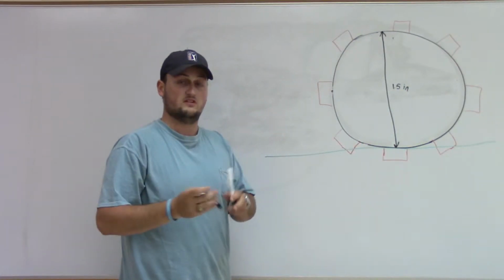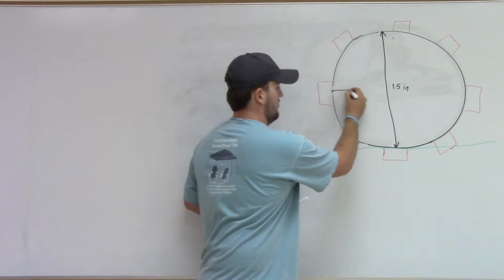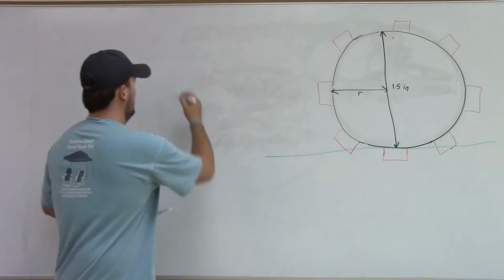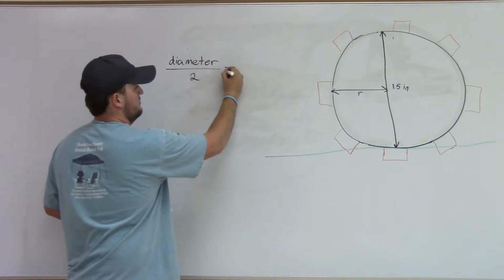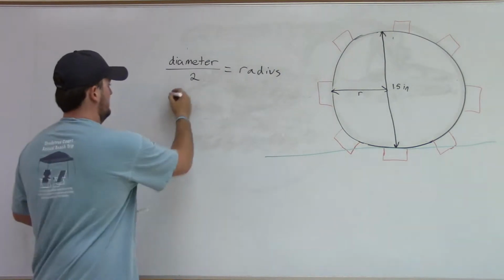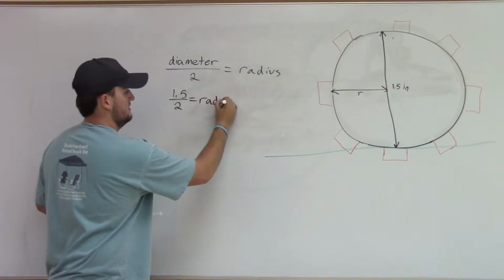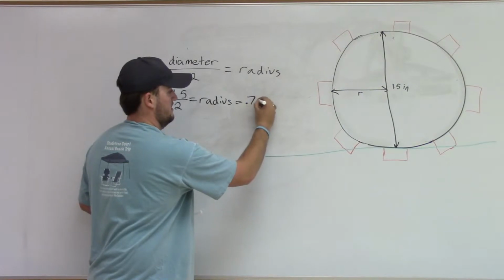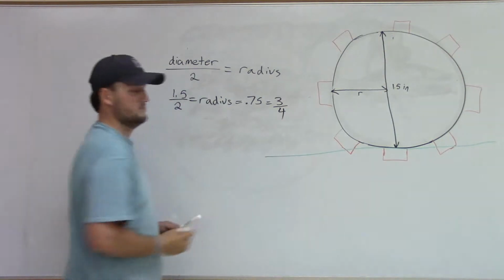In order to get this to radius, remember, we need to figure out what the radius is. If you remember, diameter divided by 2 equals our radius. So, 1.5 divided by 2 equals radius, which equals 0.75, and in fraction form, 3/4.